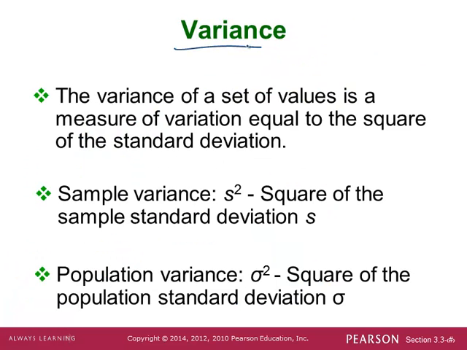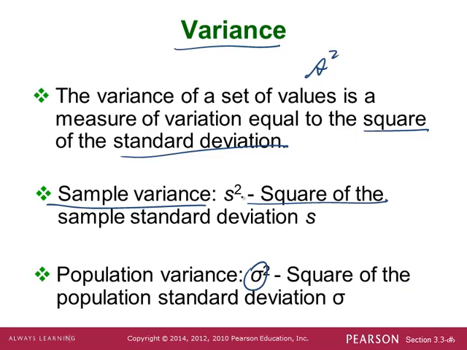Now, from time to time, we'll talk about variance, and variance is nothing more than the square of the standard deviation. So if you see S squared, that means you have the sample variance. If you see sigma squared, that means population variance.